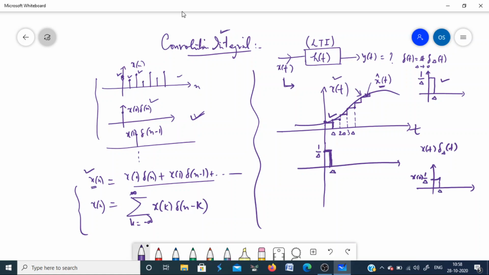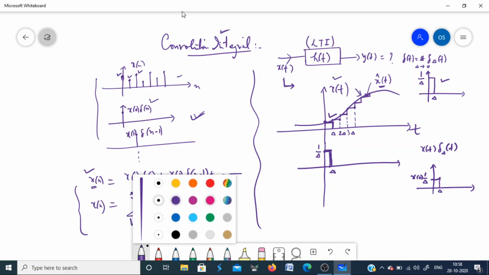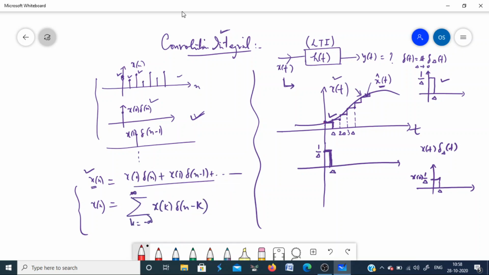But since we want this straight line, and for this function I want my approximation to be like this first, then I want to get the next pulse. So I am trying to represent this pulse. It means this should remain at x0 between 0 to delta. And how will it happen? It will happen if I multiply this again with delta.